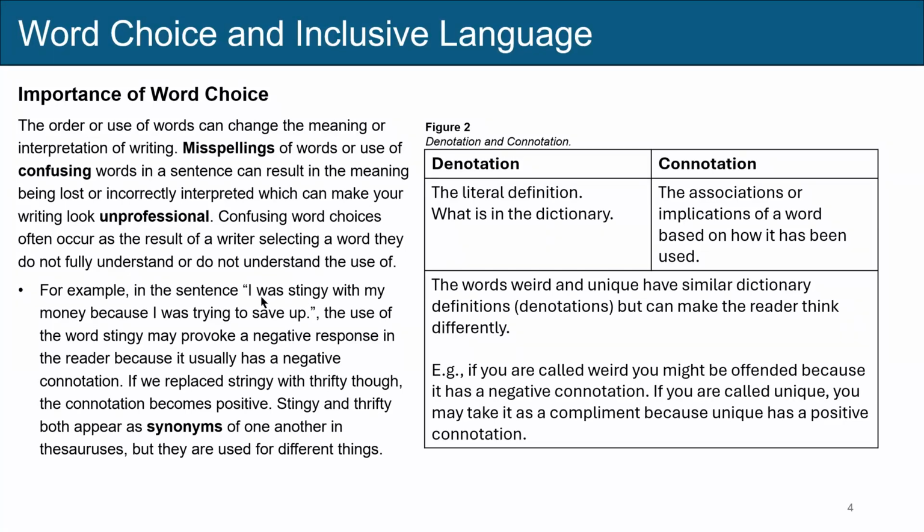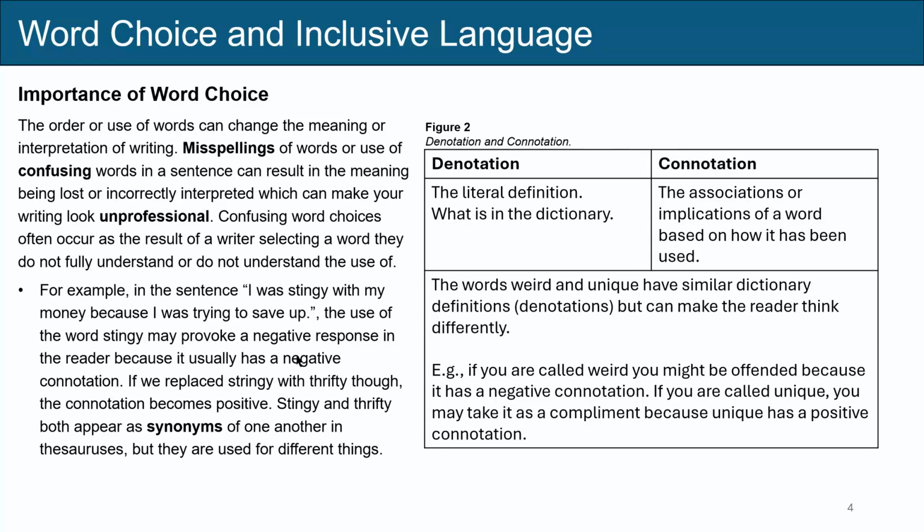So, as an example here, I was stingy with my money because I was trying to save up. Stingy might give you a negative response because it often has a negative connotation based on its use in English. If I replaced stingy with thrifty, I was thrifty with my money because I was trying to save up. Thrifty has a positive connotation, tends to sound better. But these words both appear in thesauruses as synonyms, but we use them differently.